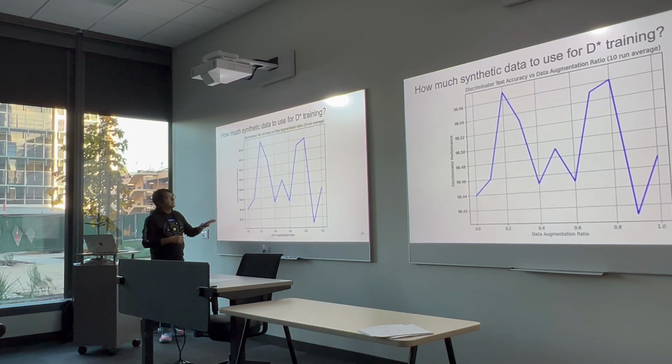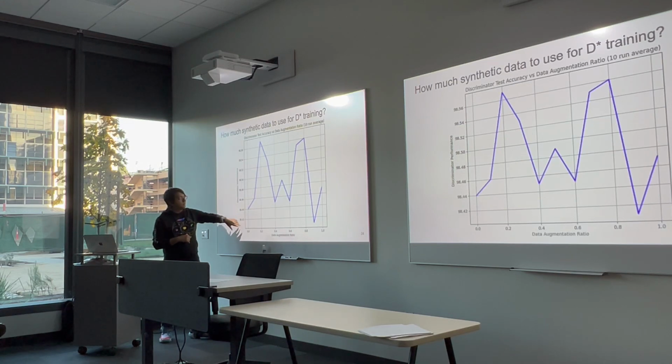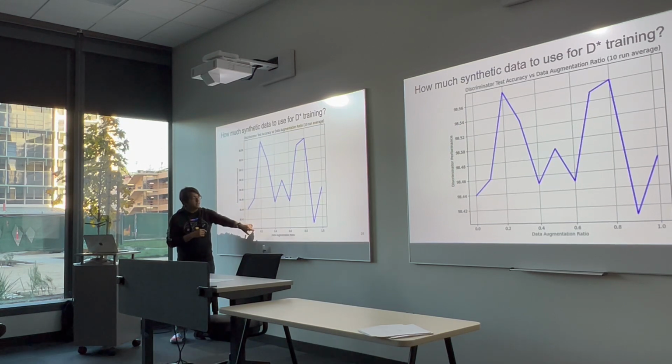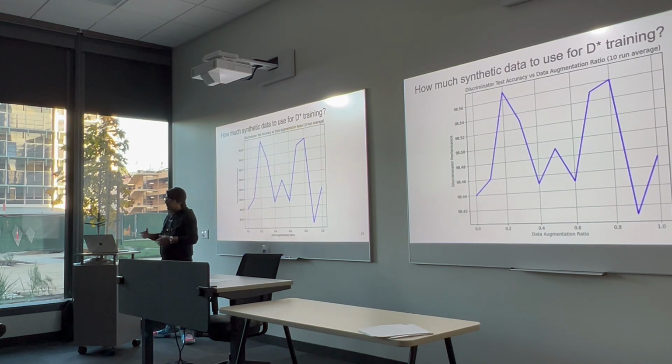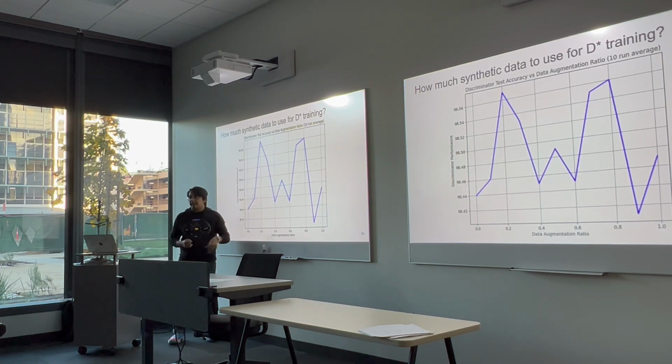What you'll notice is that there's not a whole lot of difference, because the graph starts from 90.42, and this is about accuracy. But we do notice a slight difference, about a few decimals worth, and 0.2 seems to be the magic number. So if we have about 80% real data and 20% synthetic data, then our discriminator performs the best on bot detection.